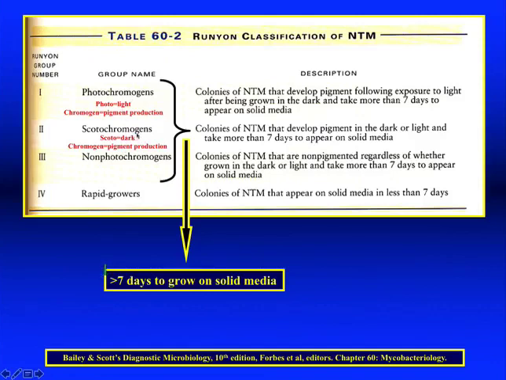So they're always pigmented. Colonies of NTMs that develop pigment in the dark or light. And the non-photochromogens are never pigmented. They're non-pigmented regardless of whether they grow in dark or light. So pigmented in the light only, pigmented in light or dark always, or never pigmented. And then separate from that are the rapid growers, because we know by definition they're going to take less than 7 days to grow.